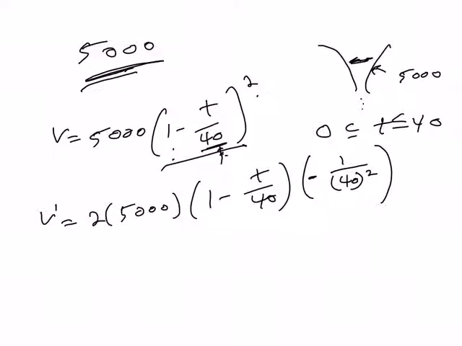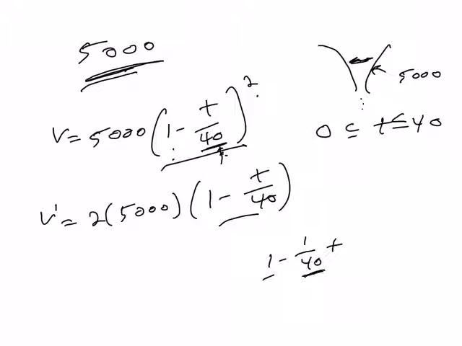Actually, this is a mistake. I was using the quotient rule, but we're not, because this is just equal to 1 minus 1 over 40 times t, and so the derivative is a constant: negative 1 over 40.